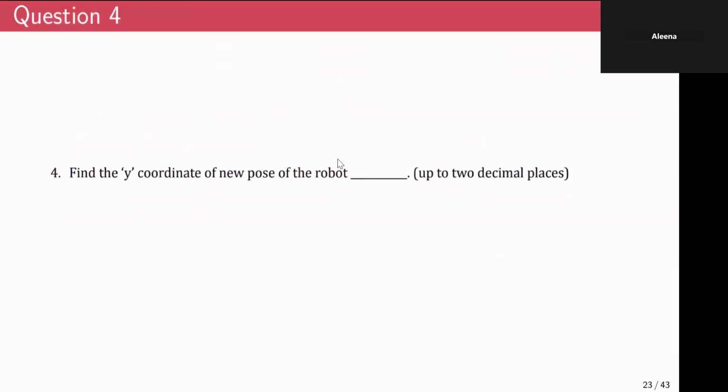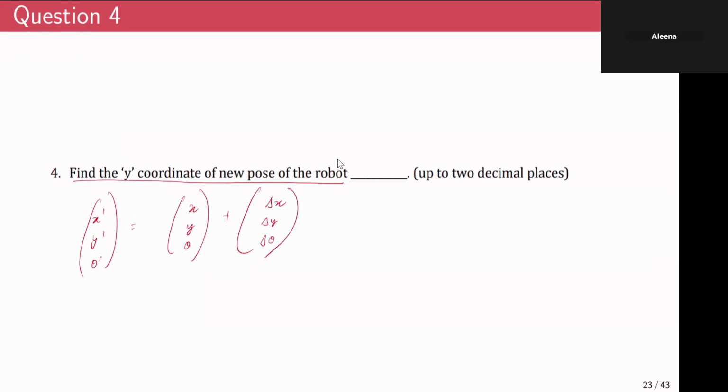Now question 4, again, it's a continuation from the previous problem. Find the y coordinate of the new pose of the robot. Right? So we know from that vector equation, x dash, y dash, theta dash is nothing but x, y, theta plus delta x, delta y, delta theta. And the question asks you to find the new y coordinate. So you simply take the sum of the terms on the right hand side for estimating this term.